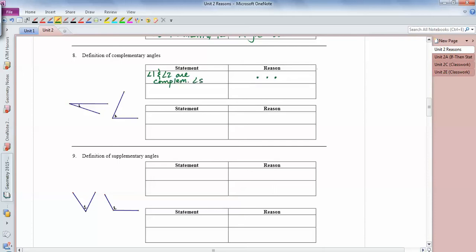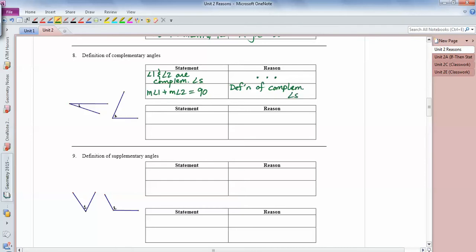Usually that's kind of a given one. Okay, well, if I tell you 1 and 2 are complementary, then you can tell me that measurement of 1 plus measurement of 2 should end up being 90 degrees. And the reason is, well, they were complementary. That's what complementary angles are. So this is the definition of complementary angles.